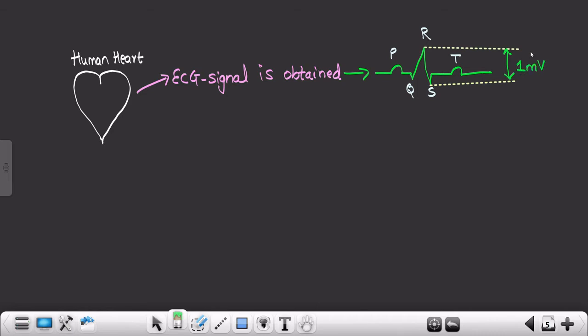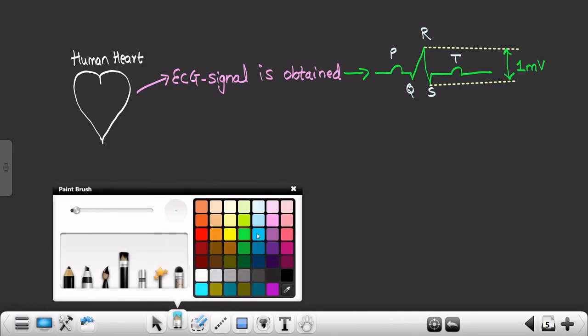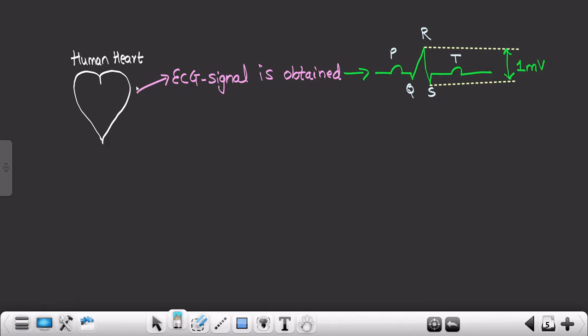Now let's suppose we want to analyze the working of the heart. For that we need to understand this particular signal, right? But this signal is in its weak form. It has very low amplitude. And as I told you, we obtain this ECG with the help of an electrode.